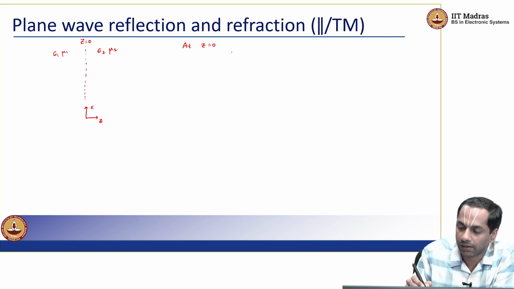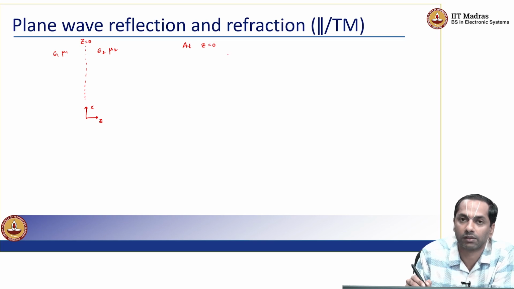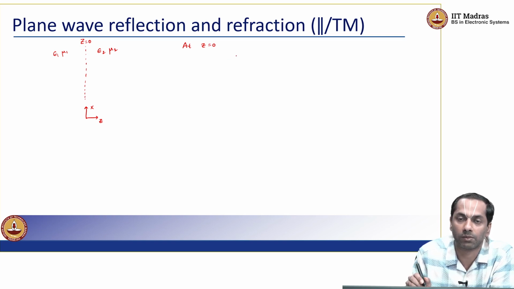So we can say that the parallel component of the magnetic field has to be continuous, right, because there are no surface currents.